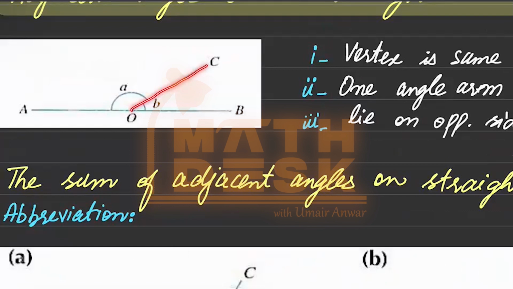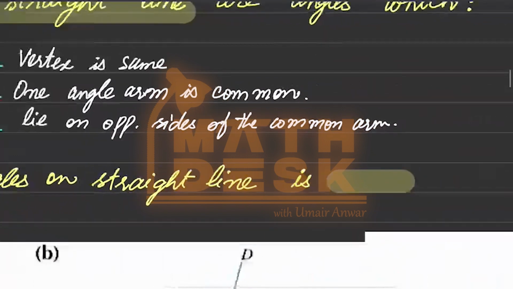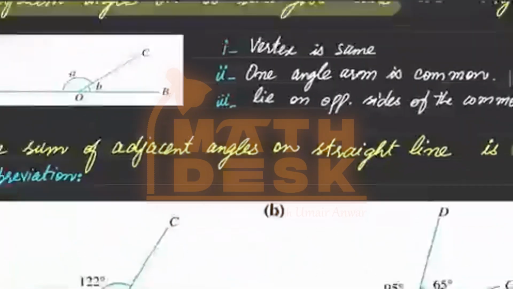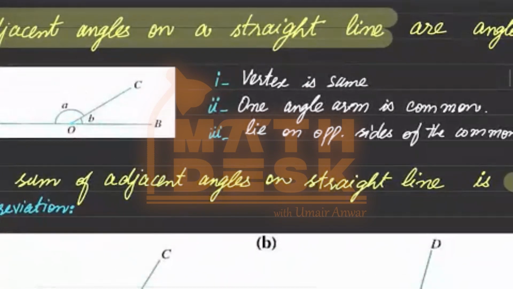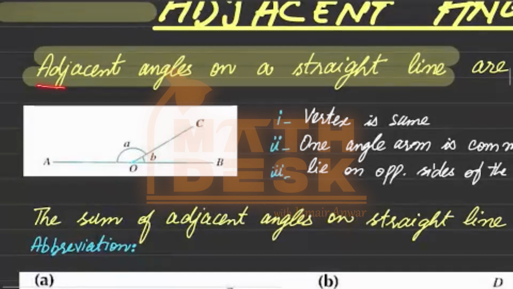One of the angles is to the right of this side and the other angle is to the left of this side. So this is how they lie on opposite sides of the common arm. So whenever these three conditions are fulfilled, the vertex is the same, one of the arms is common, and the angles lie on opposite sides of the common arm or common side, then these angles are called adjacent angles.